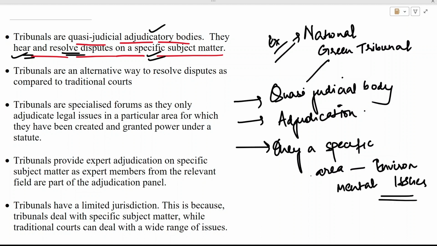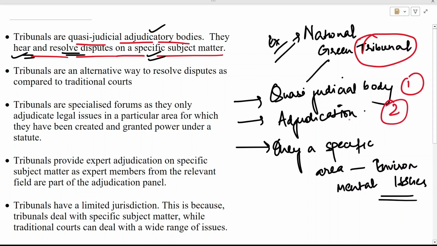And this is how it is also very different from a traditional court, because when you go to a traditional court, then all kinds of matters from civil to criminal to different kinds of matters go to the court. There is no specific area. But in case of a tribunal, there is a specific subject matter with which each tribunal deals. Now let us see what is the implication here. A tribunal is one, a quasi-judicial body. Two, it is an adjudicatory body because it performs adjudication functions. Thirdly, on a specific subject matter.